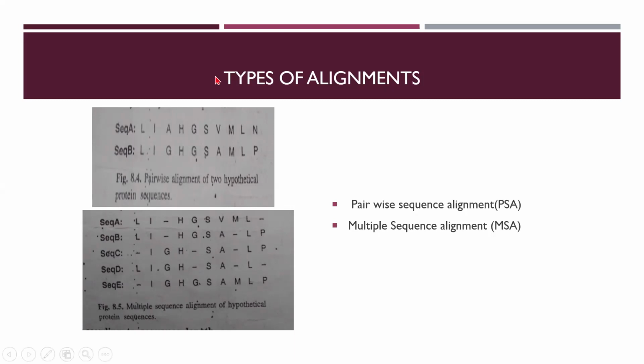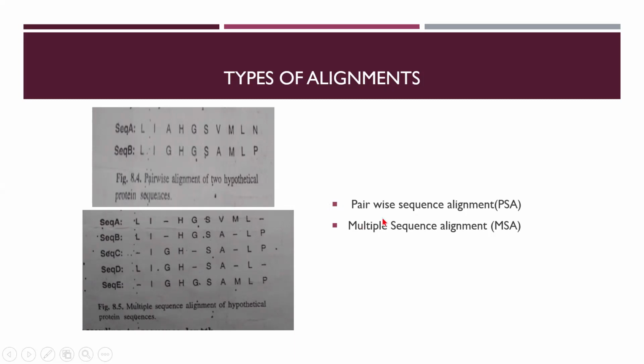So coming to the types of sequence alignment, there are different ways in which sequence alignment methods are classified. One type of alignment is based on the number of sequences involved in the alignment.